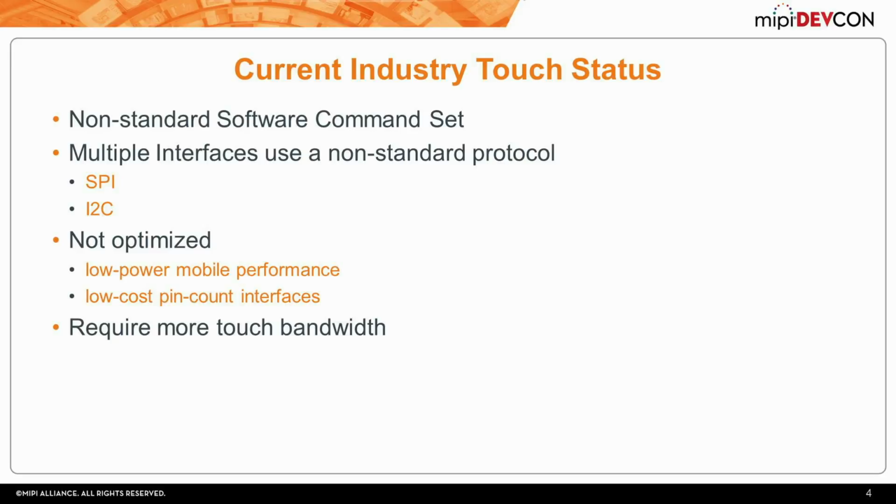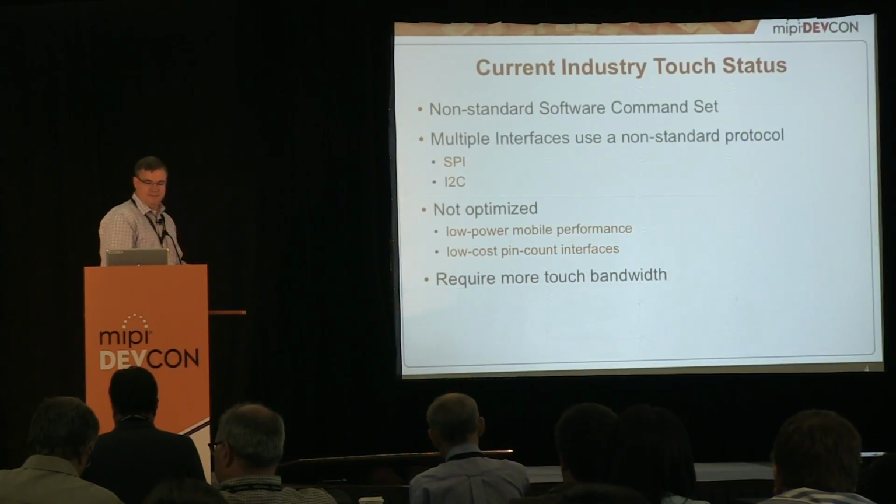And then finally, there are new efforts going on in the touch space which require more interface than what has always been the traditional touch interface of I2C. That's led to, as you saw earlier, SPI, but also looking at even higher than that. So one of the goals here is to provide a path through the MIPI ecosystem to support touch and allow end customers to easily move between solutions.